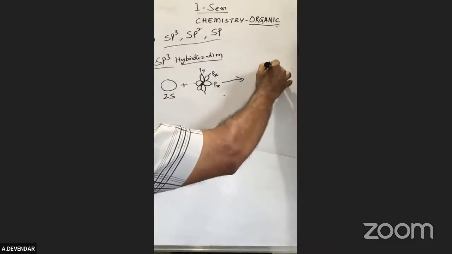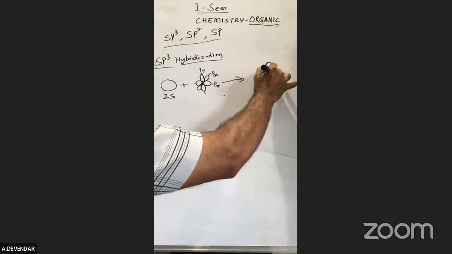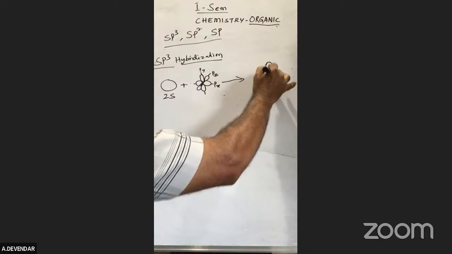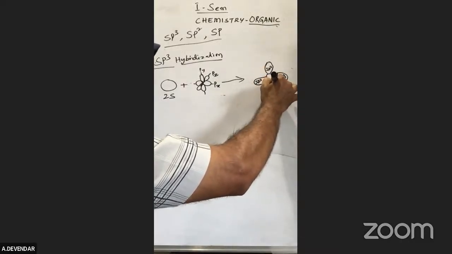One sp3. This is not a dumbbell; it is the shape of the orbital. This is sp3, one more sp3, one more sp3, one more sp3. How are they arranged?